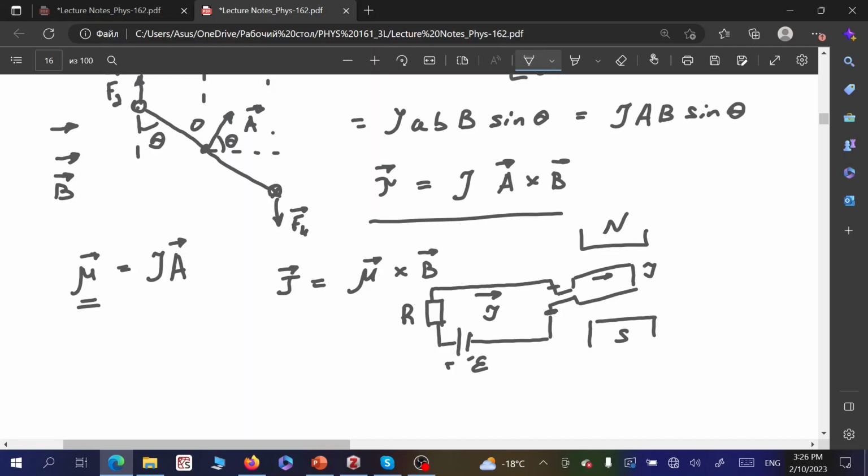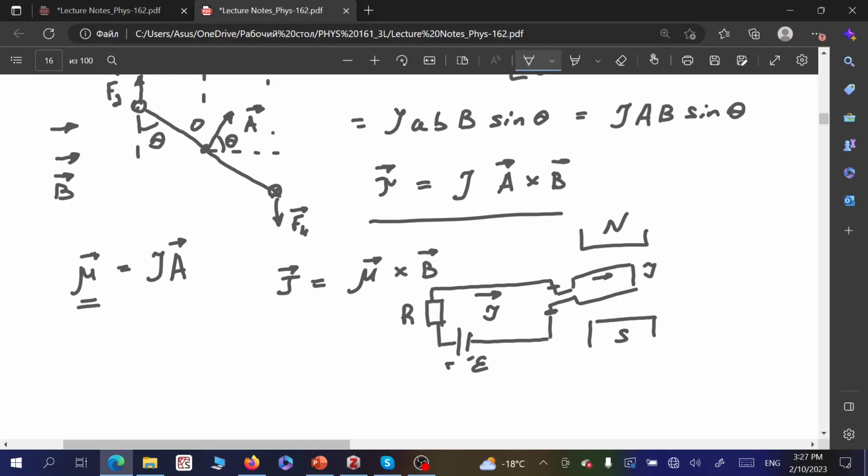So we design such a system with a permanent magnet and a closed loop inside, fixed on some axis of rotation and fixed in position, like some left position, let's say, with some string.